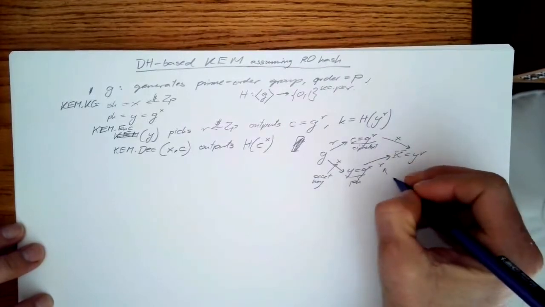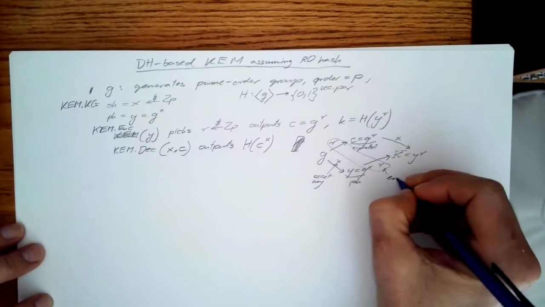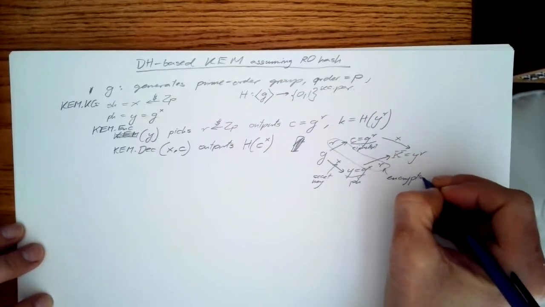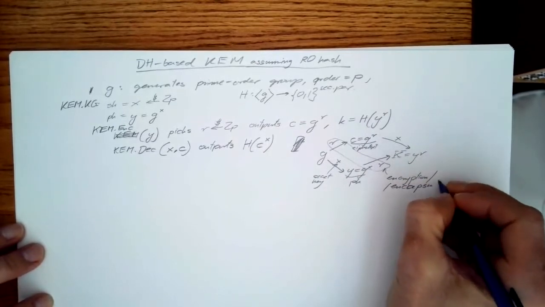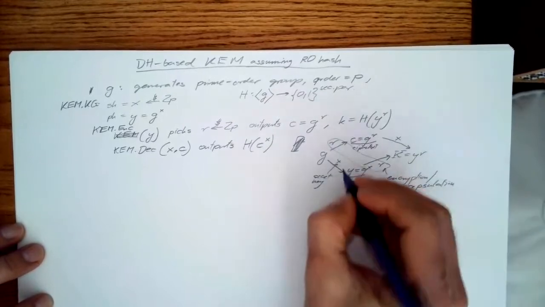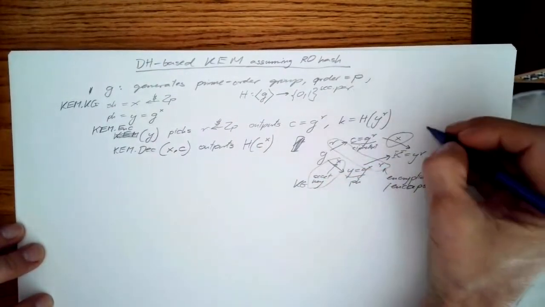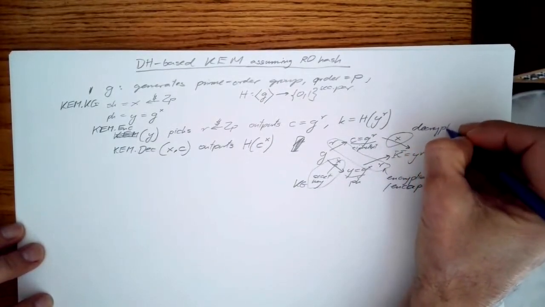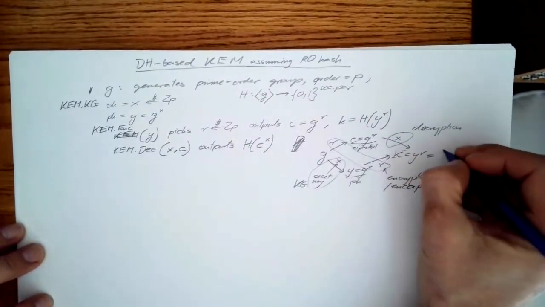So these two moves are used in encapsulation. This one is key generation, and this one is decryption, right? And it creates the same key.